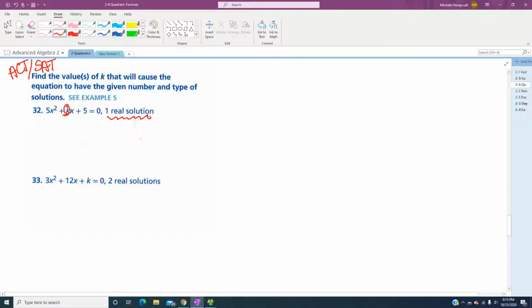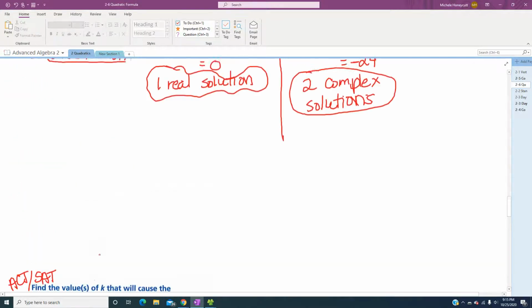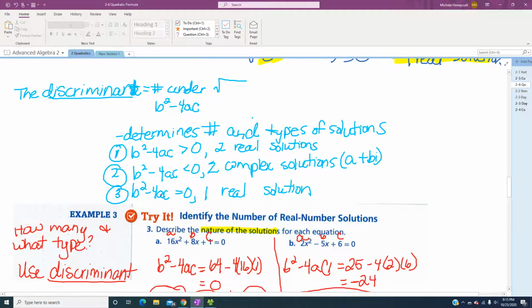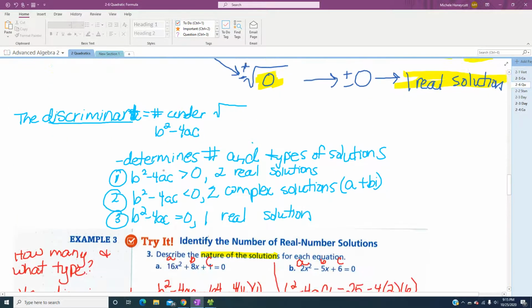They don't want to know what the solution is. They want to know what number would have to go here in order for this whole equation to have just one solution. So in order to have one solution, I need the discriminant, which is the part under the square root, the b squared minus 4ac, to be 0.